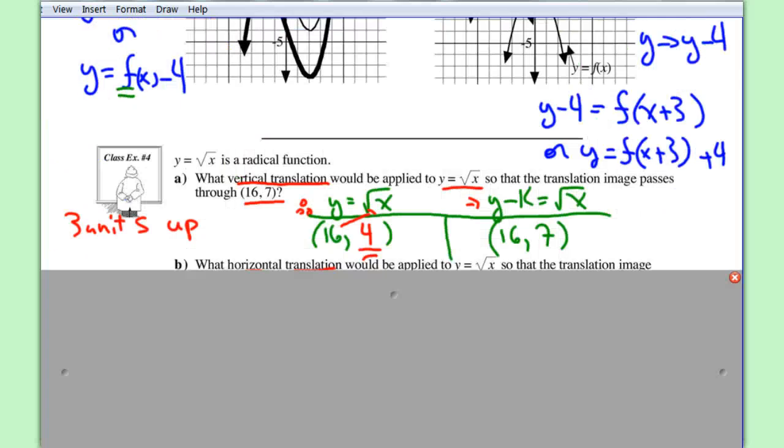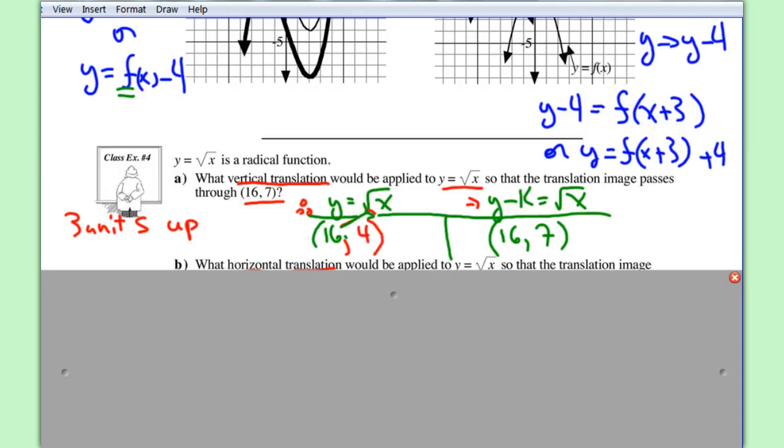Okay. So just to share how this kind of happened, you're looking at this case. Well, what happened so that this graph goes through 16, 7? And it specifically only says a vertical translation. So in this case, plug 16 into your original equation, right? If you plug in 16 right there, what you're supposed to get out of that is the square root of 16, which is clearly going to be 4.